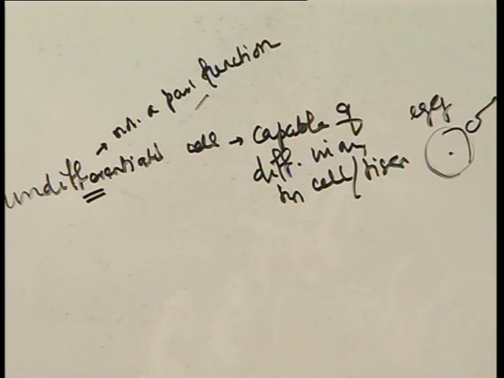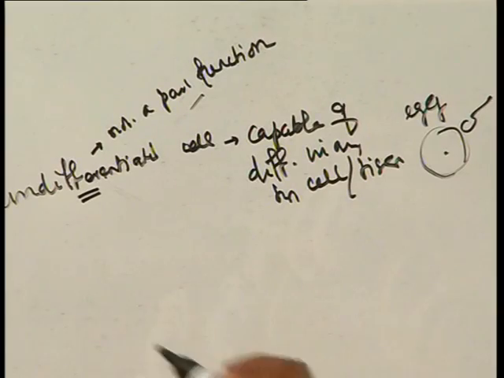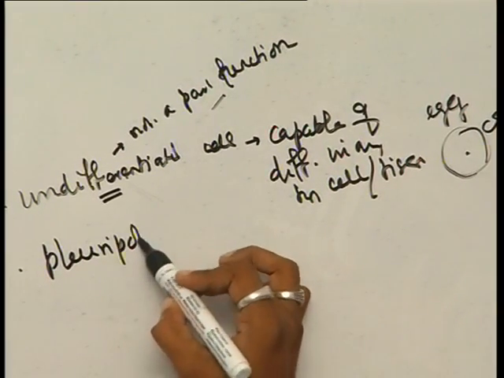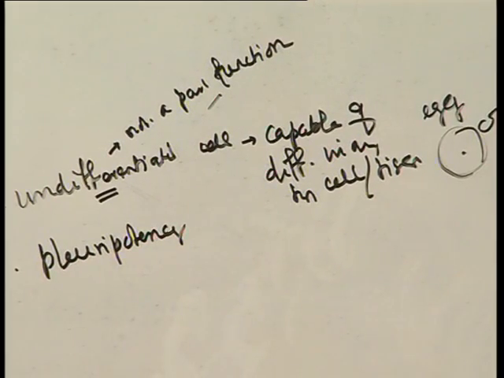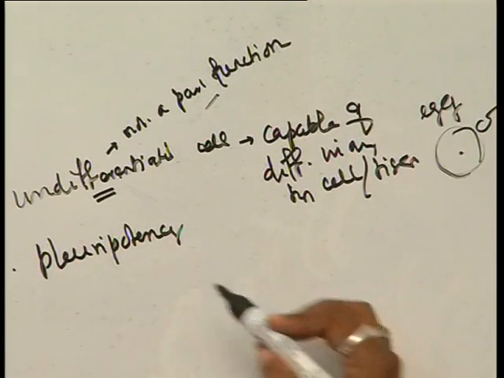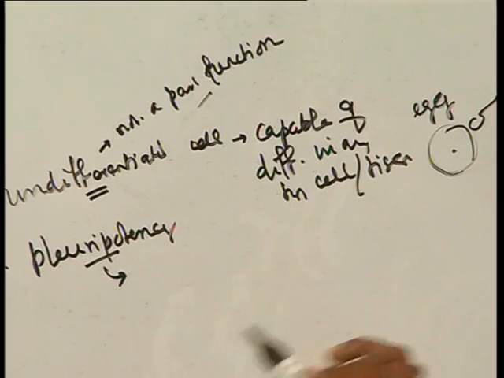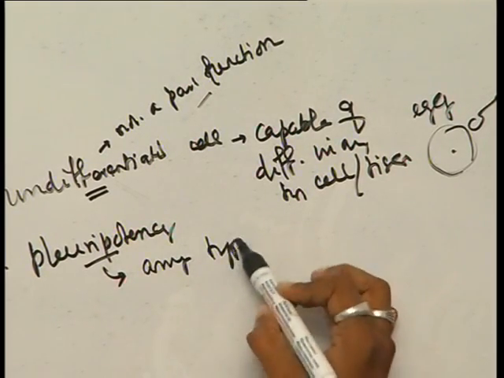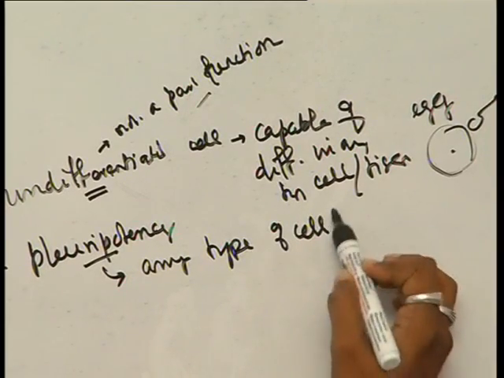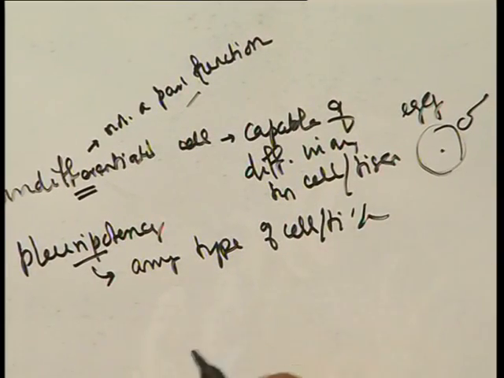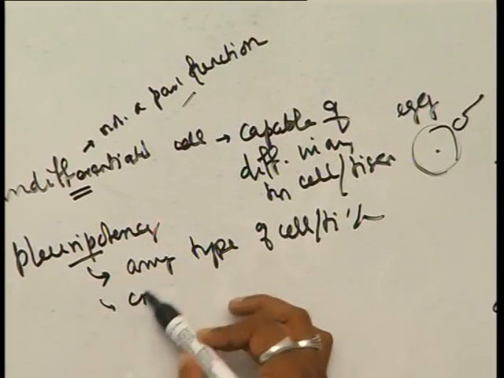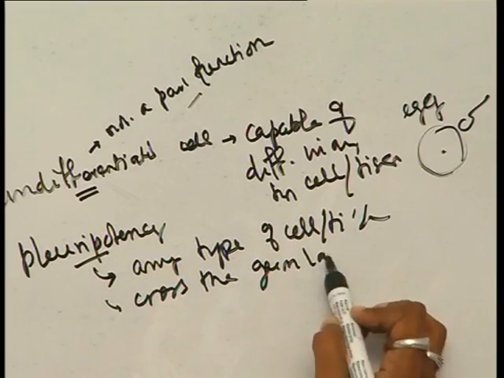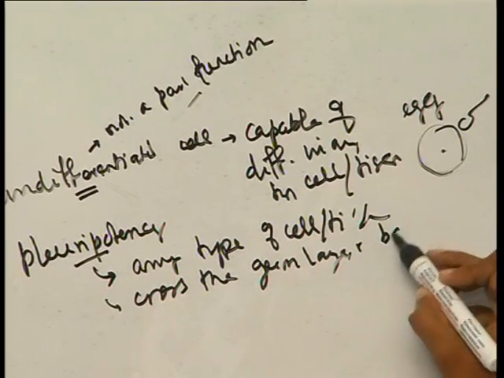So this is undifferentiated. Second point, a stem cell has the ability of pluripotency. Pluripotency here means that the cell is capable of forming any type of cell, tissue or organ, and it can cross the germ layer barrier.